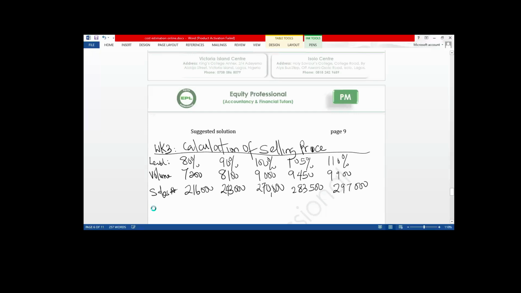Please get selling price per unit. Divide sales by volume. How much? 30 naira. 30 naira. Another 30 naira.